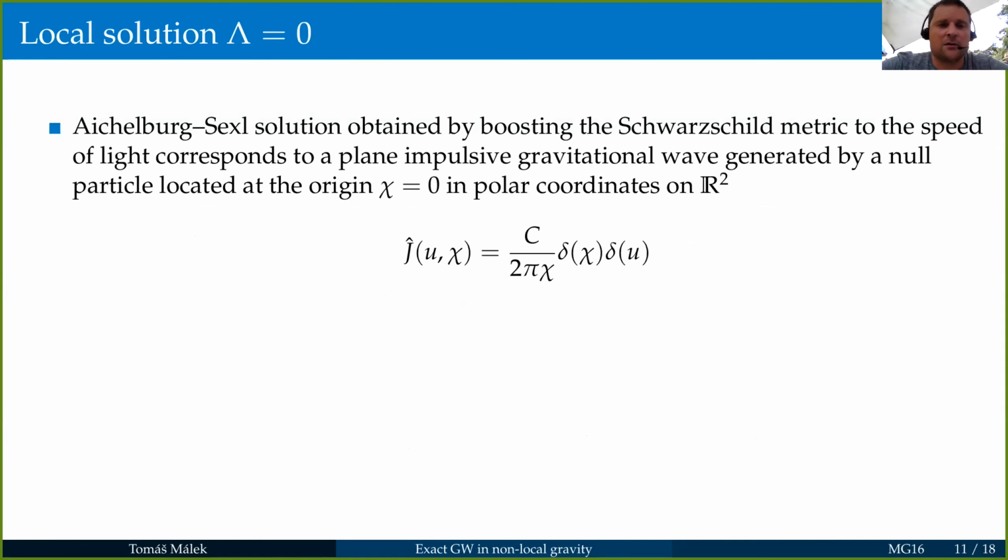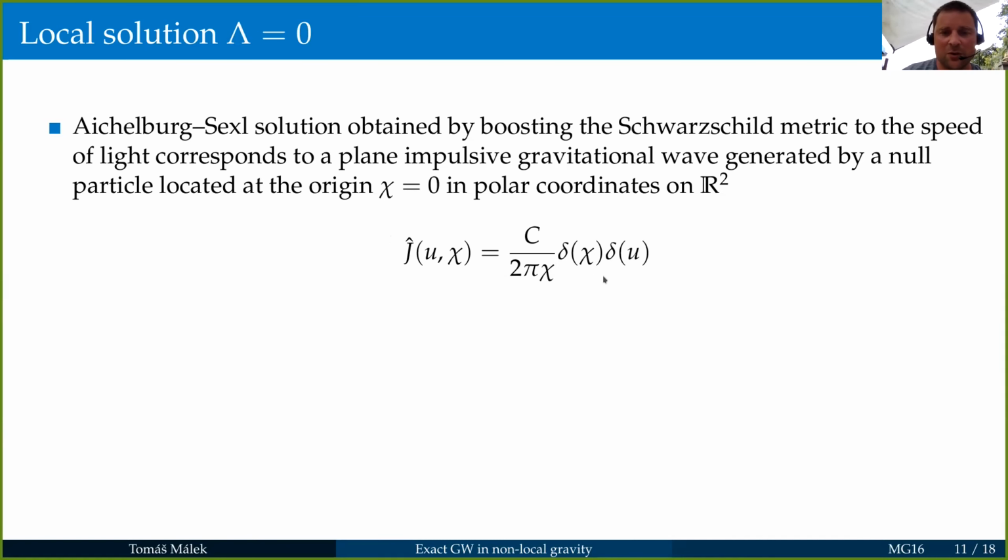In the case of vanishing cosmological constant, there is a known solution, Aichelburg-Sexl, which was obtained by boosting the Schwarzschild metric to the speed of light. This solution corresponds to impulsive gravitational waves generated by a null particle located at the origin in polar coordinates on the transversal space, which is Euclidean. For the Aichelburg-Sexl solution, the source looks like this.